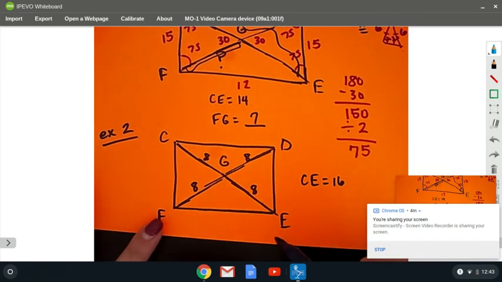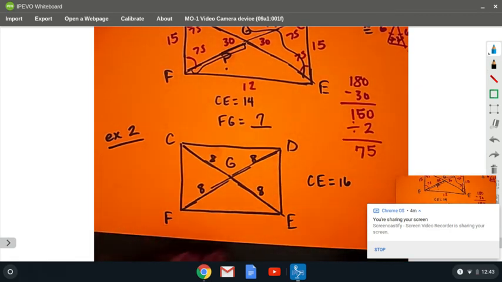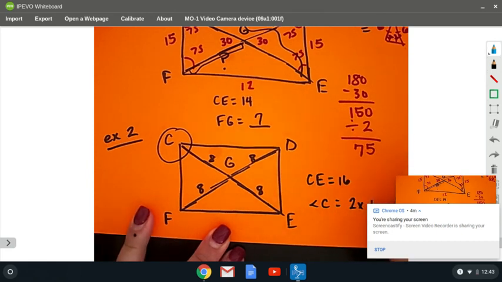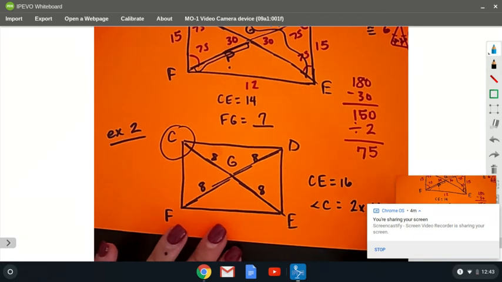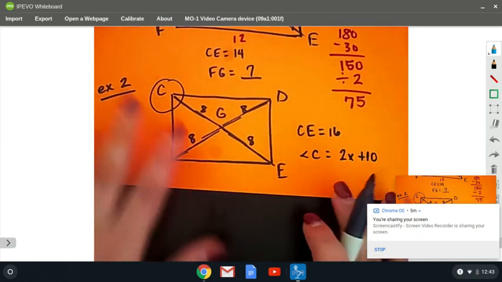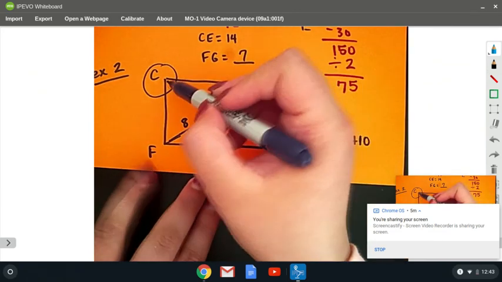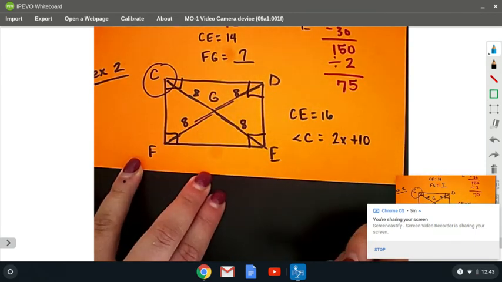Something else you could do here is if I told you that angle C is 2x plus 10, you should be able to find x for me, because each corner is equal to 90 degrees.